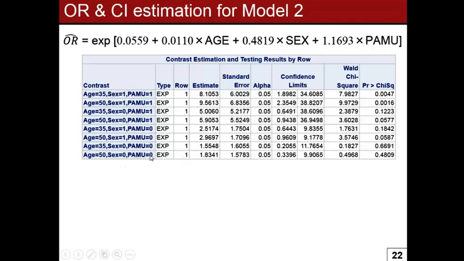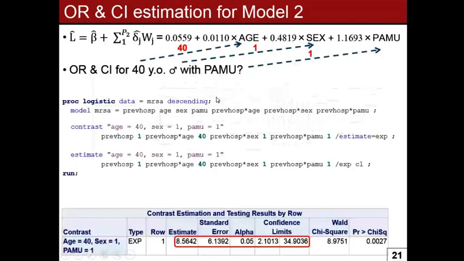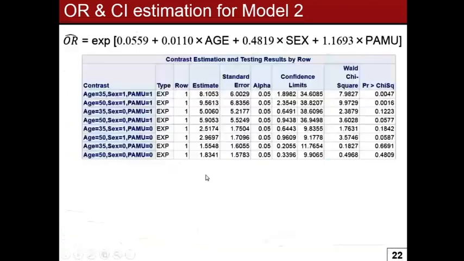So you can literally put in SAS right below each other a whole bunch of contrast or estimate statements, and it will stack them into a nice table for you. And this gives you the range.